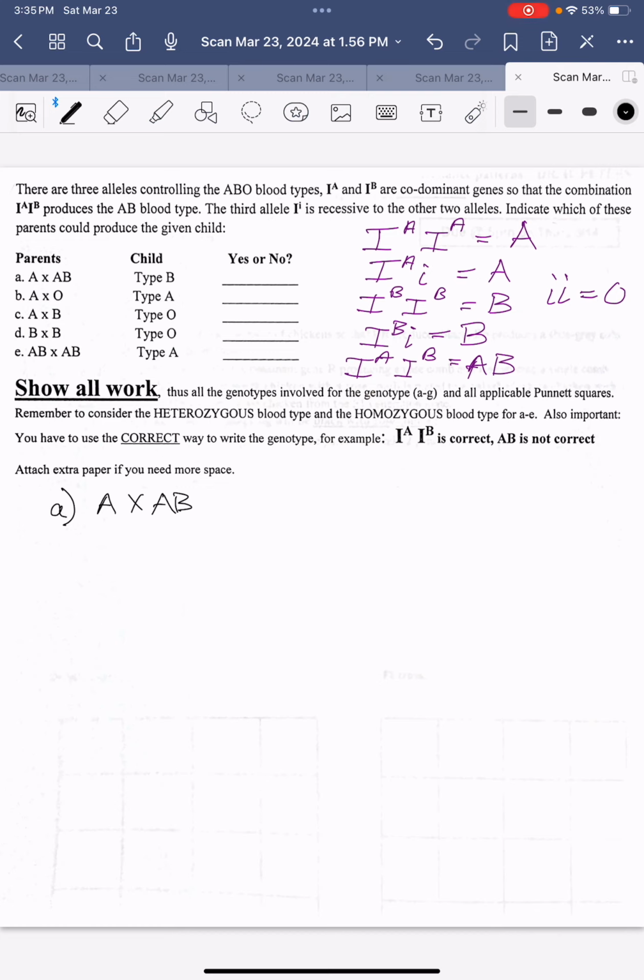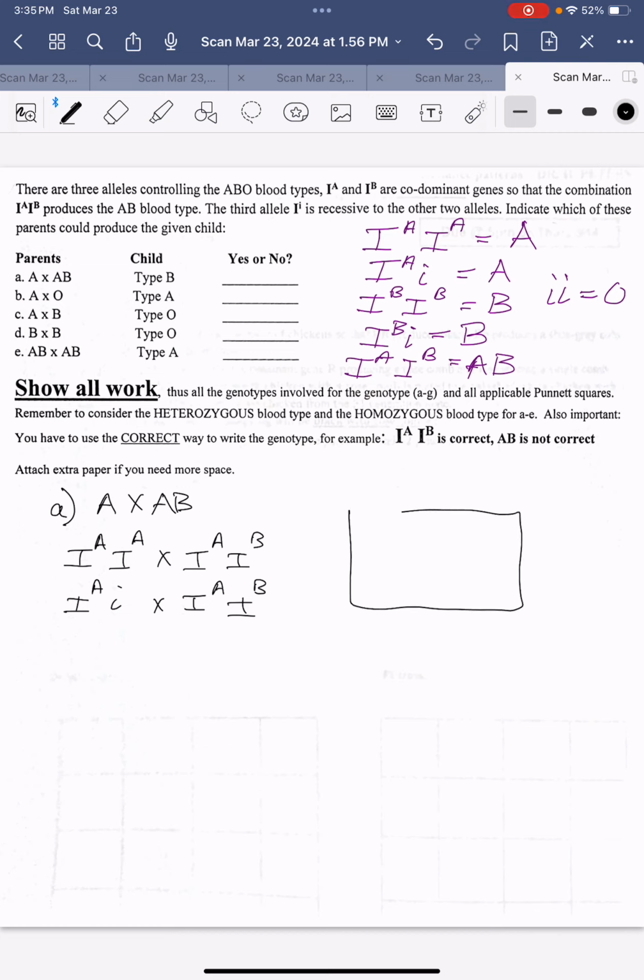So what we would have to do is to consider both types of type A blood: type A that is homozygous, and type A blood that is heterozygous. So we would have to cross both kinds of type A blood with the type AB blood. Now let me show you how to do this in a Punnett square, or you can use the crossover trick.